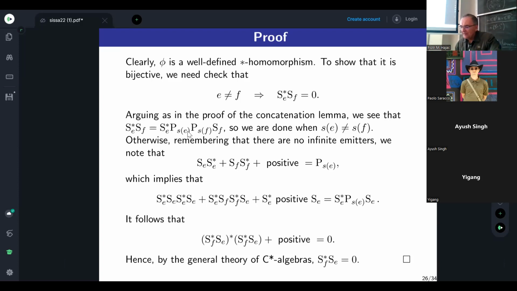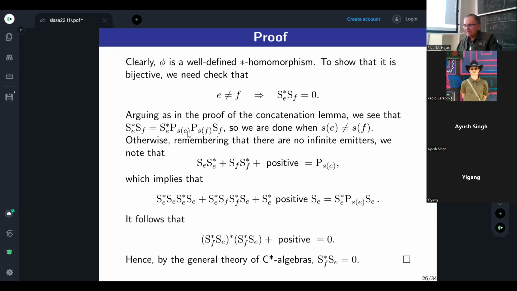Here the fun begins. Otherwise, remember that there are no infinite emitters. We note that by the second Cuntz-Krieger relation, F and E begin at the same vertex, say SE. Then I can write SE SE star plus SF SF star plus something positive, perhaps 0, is equal to PSE. Now remember the property that conjugating a positive element is positive. So I conjugate by SE: SE star on the left, SE on the right.